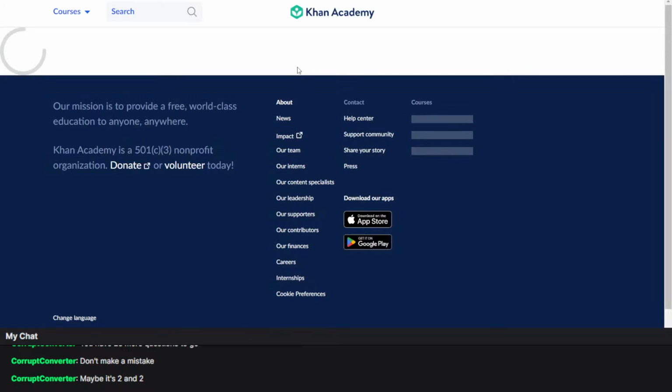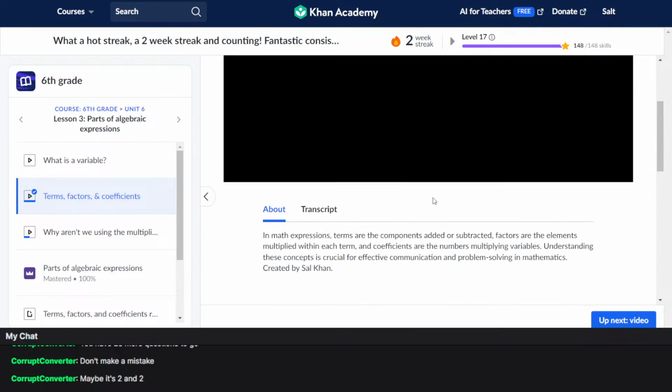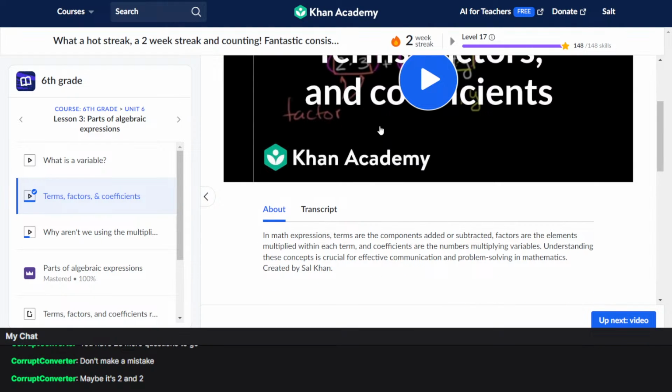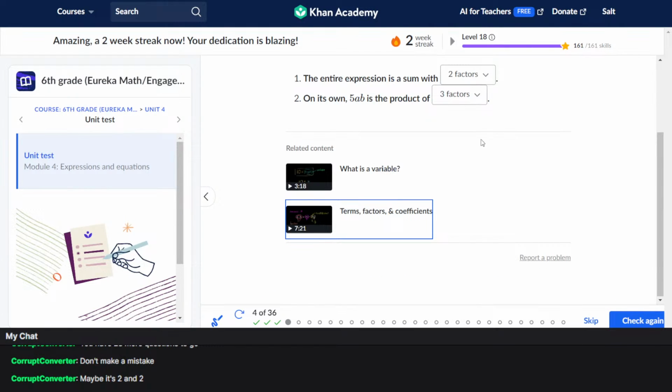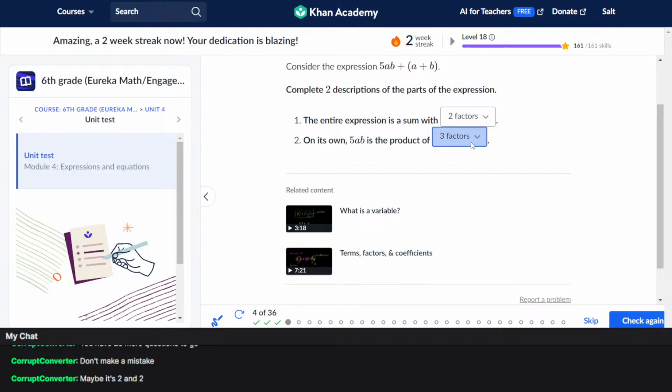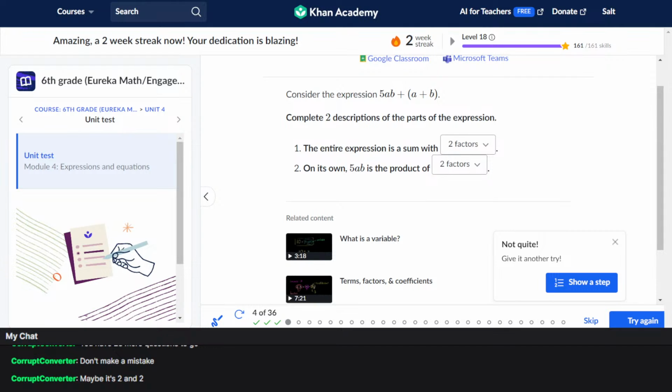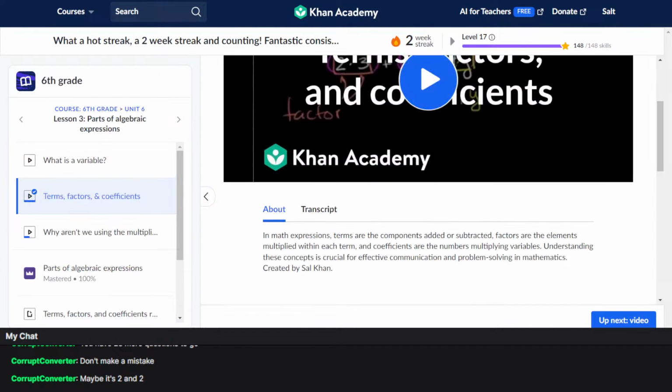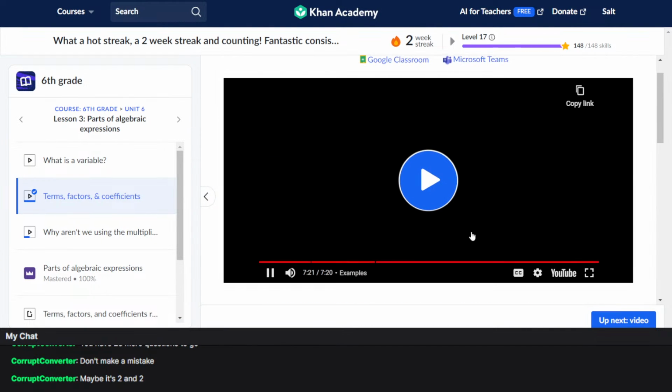Oh my god, do I really have to look at what a factor is? Corrupt Converter says maybe it's 2 and 2. 2 and 2. Oh, it's not. What in the world? What's a factor then?